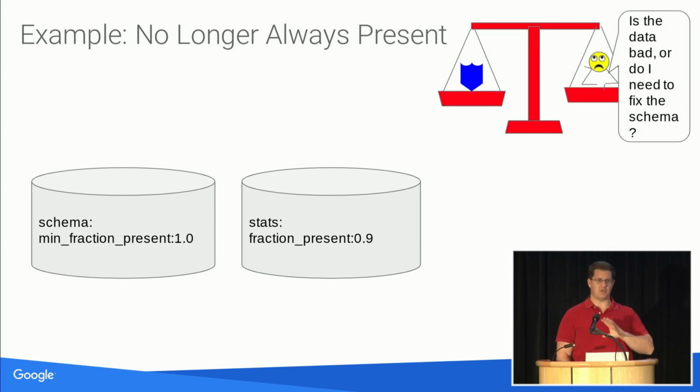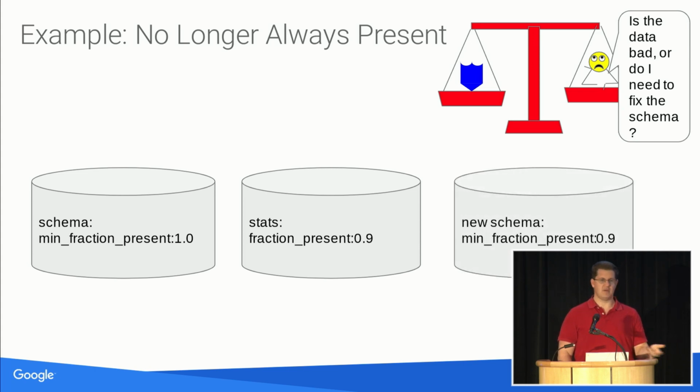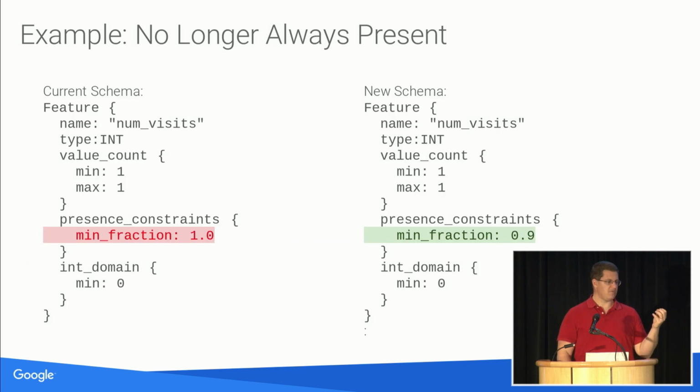Now, if the data is bad, there's a long, drawn-out process that we'll have to go through. But if the user just looks at this and says, you know what, I don't really care that the min fraction is 1.0, I'm just going to fix the schema, that's something that we can do very easily. So whenever there's an anomaly, one thing we provide the user immediately is a modification to the schema that just makes the anomaly go away.